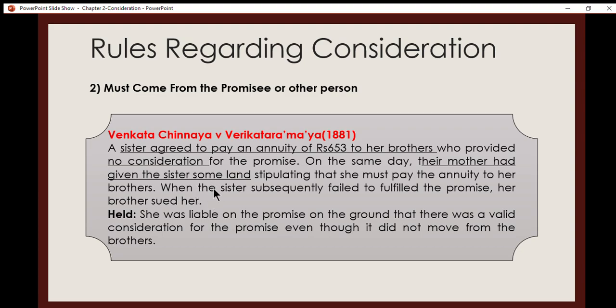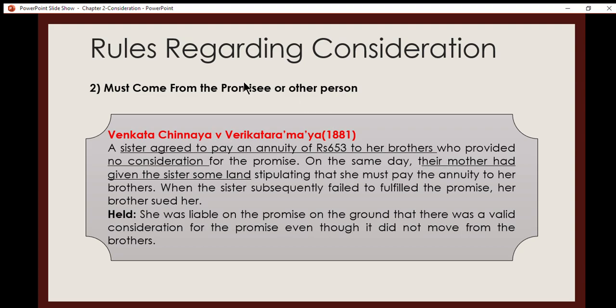Because in this case, as we can see from the facts, there was no consideration provided by the brothers. But who provided consideration in this case? Their mother. What was the consideration? When the mother agreed to give the sister some land, stipulating that she must pay the annuity.